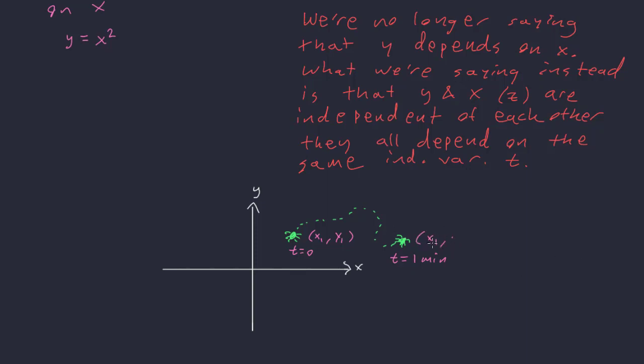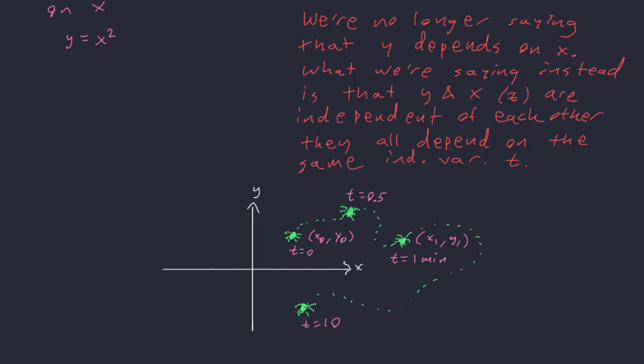Sorry, these should probably be x naught, y naught, and this would be x1, y1. At each time value, it's going to be at a different point. So this might be the point it's at when t is equal to 0.5. Now as the bug moves around, this might be t equals 10 now.